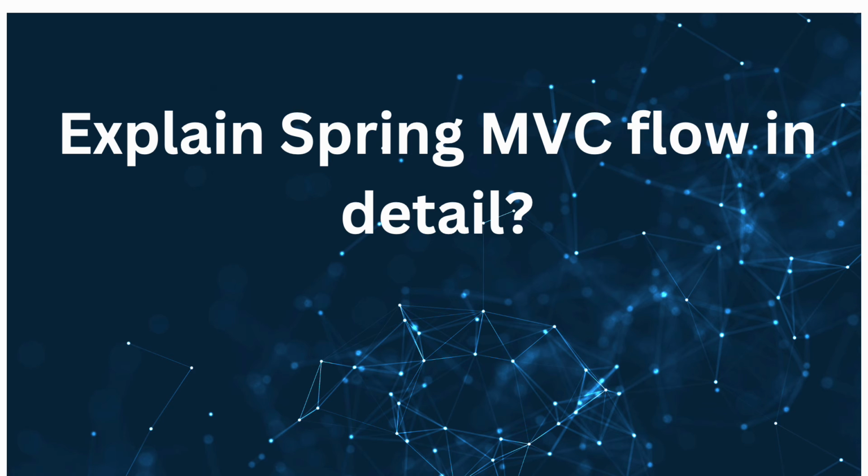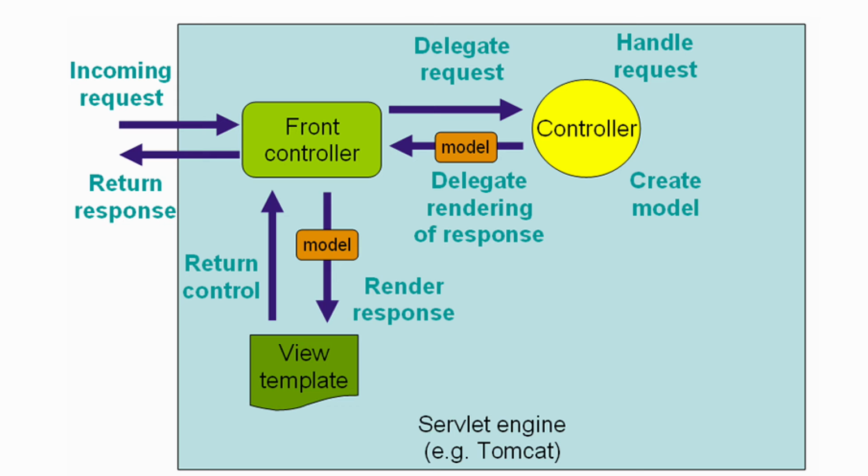Explain Spring MVC flow in detail. In this diagram, you can see MVC architecture. M stands for model, V stands for view, C stands for controller. There is an incoming request coming to a front controller, passing this request to the controller where it is handled, and based on the request it is creating a model.